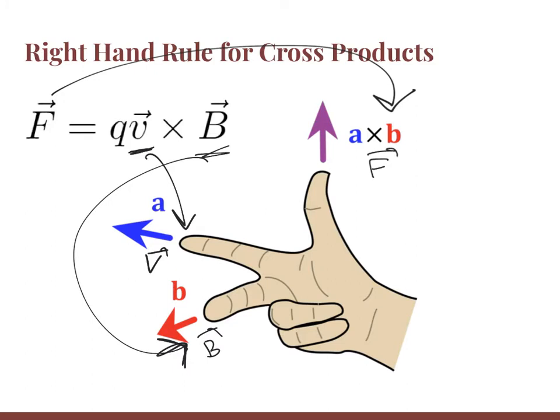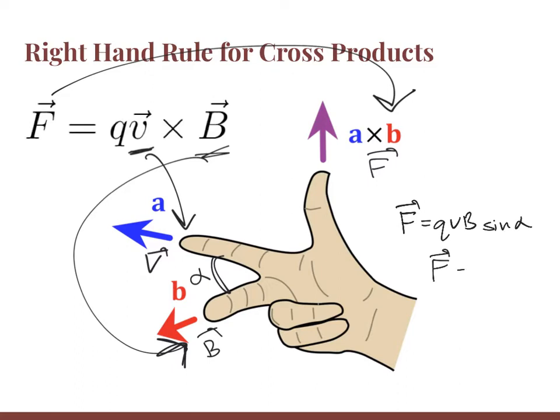Now, one thing you can do is change this angle between your fingers to match the alpha if you want to. It's not super important, but you can. Another consequence I would like to note real quickly is that if your A and your B, your velocity and your field, are pointed in the same direction, that force actually turns out to be zero, because if you do force equals Q, V, B, pretend those are all magnitudes, sine alpha, and your alpha is 0, sine of 0 is 0.